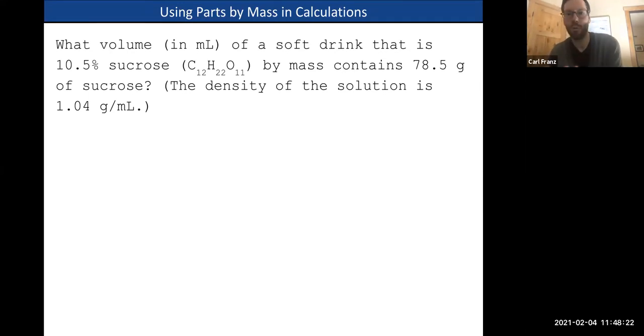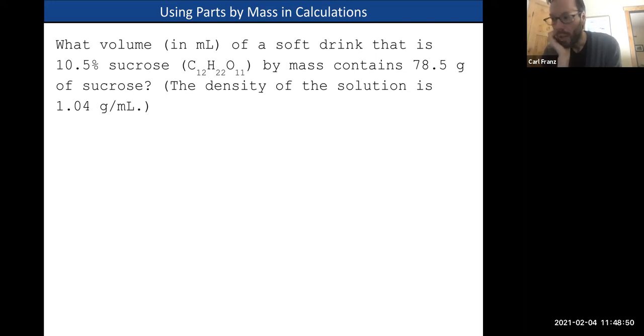So if we have 100 grams of the solution, and we put that over 10.5 grams of the sucrose, or I'm sorry, we flip that, right? We take 10.5 grams over 100 grams. That's essentially the ratio that we're getting when we're taking it out of the percent, okay?